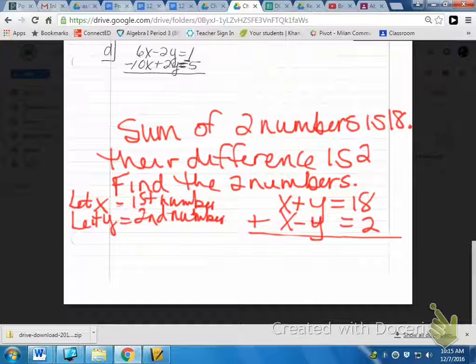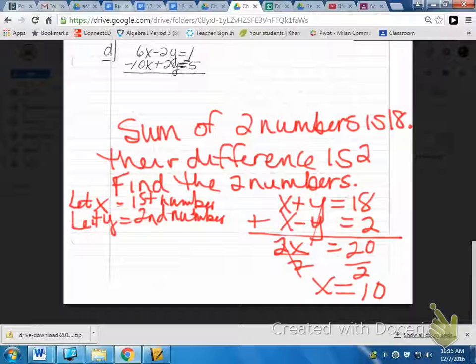Add these two together. 2x, the y's fall out, it equals 20. Divide by 2, and the first number is 10. The second number, 10 plus y equals 18.